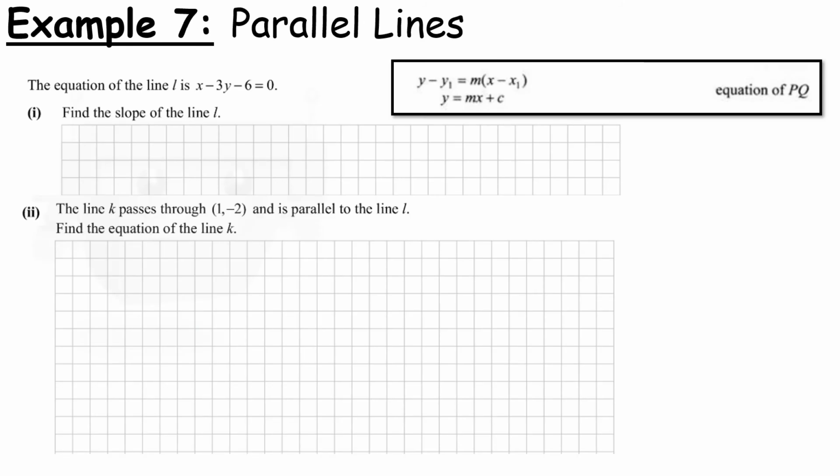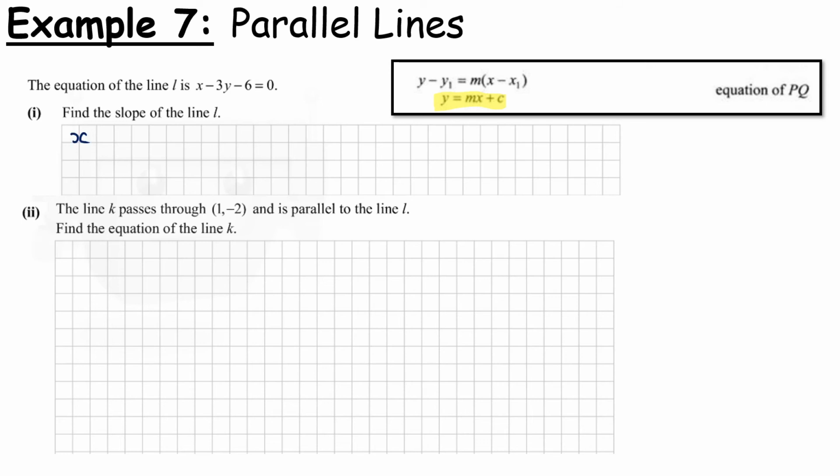So let's look at an extension of this even further to work with the idea that the two lines are parallel, but in the form of working with some of our formulae as well. So the equation of line L is x minus 3y minus 6 equals 0. Find the slope of L. So we're going to work with this equation here, y equals mx plus c, but we're noting that currently it's not in the correct form.